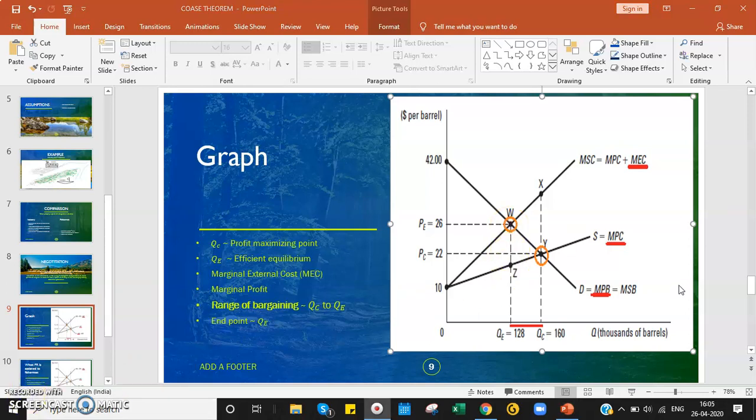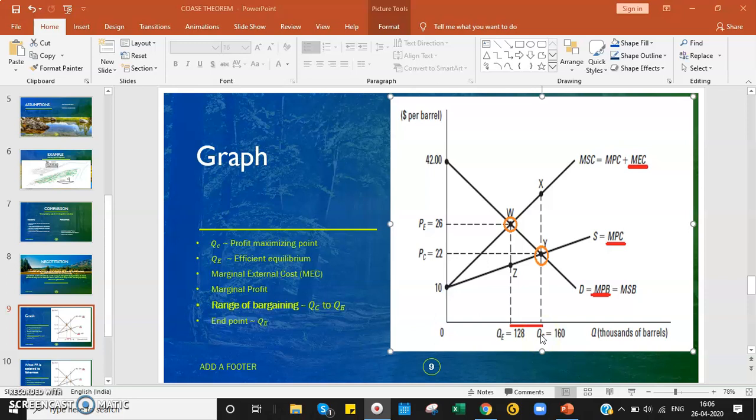Now when fishermen approach the industry for the purpose of negotiation, we need to see at what point they start their negotiation process, and this point can be easily identified with the help of the graph. I say that QC is the point at which fishermen will start negotiating with the industry.